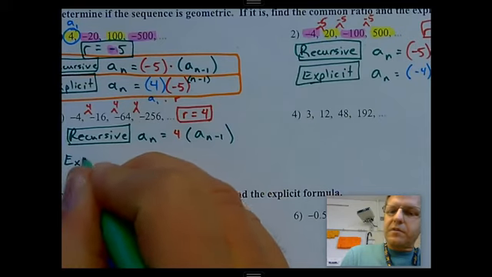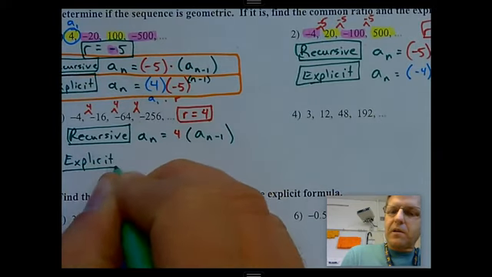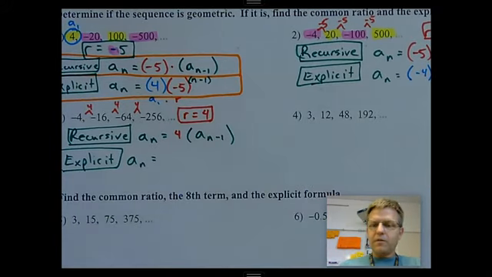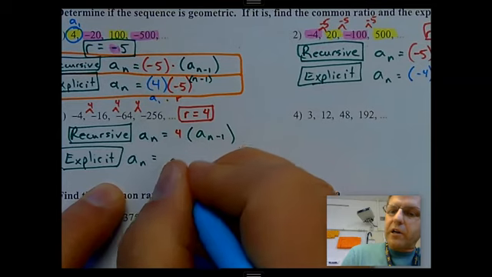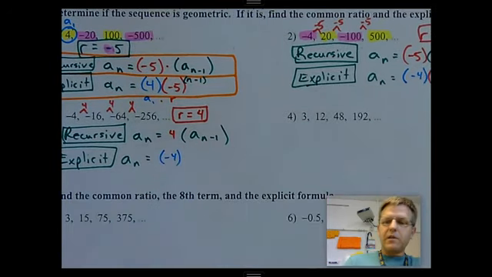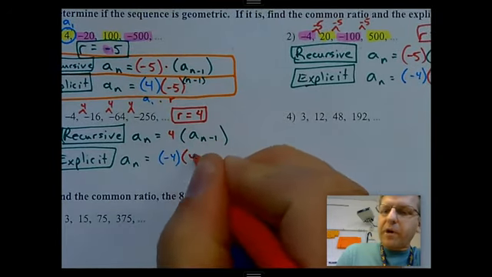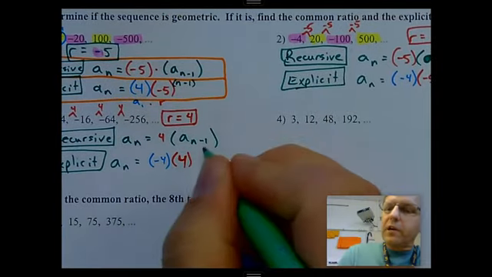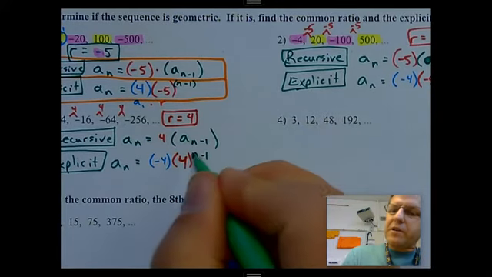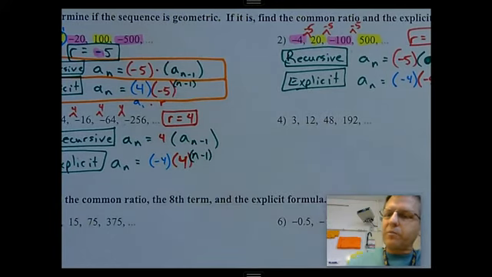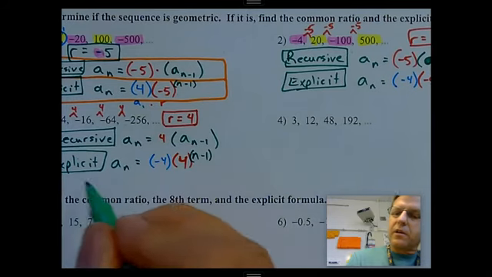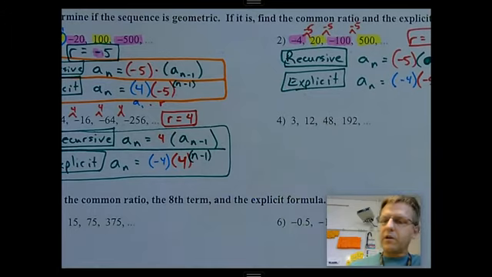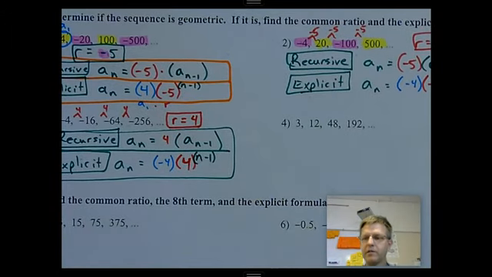And the explicit formula is a sub n equals your first term, and then you're going to multiply that by 4, but you need to know how many times you are going to multiply that by 4. You're going to multiply that by 4 n minus 1 times. And in the computer, you're going to put parentheses around that to make that all work. There you go.